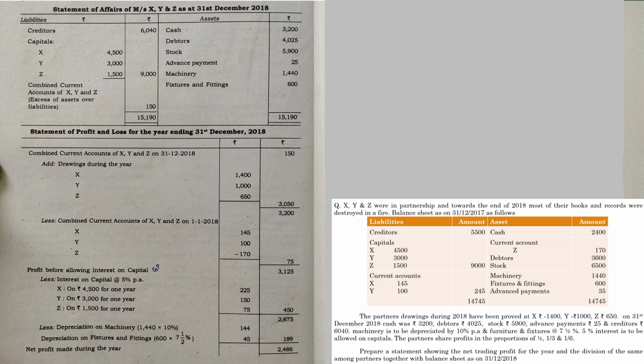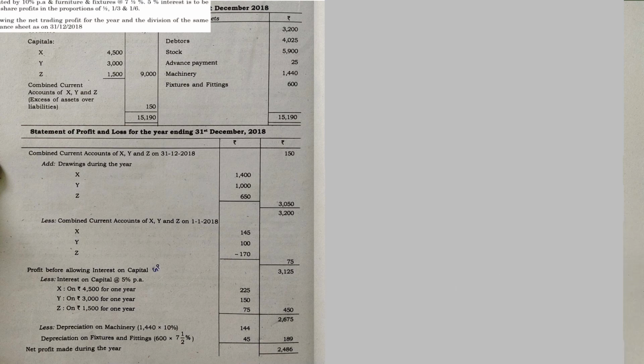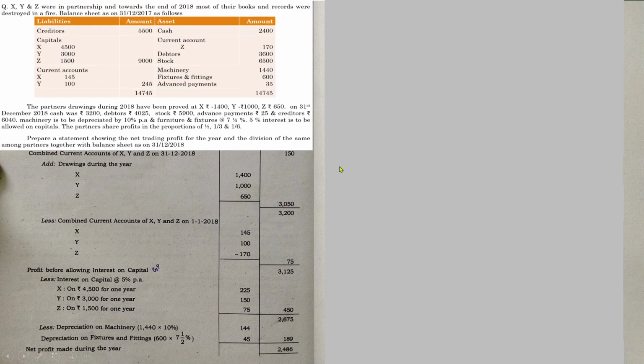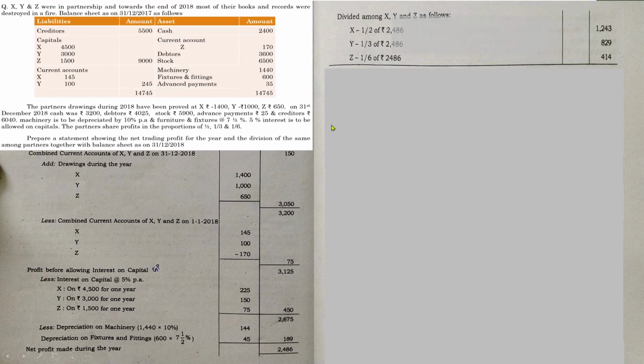Next, let us prepare a balance sheet on the basis of the information. So before we prepare a balance sheet, it was mentioned that you need to distribute the profit in the proportion of 1 by 2, 1 by 3 and 1 by 6. It's very simple.